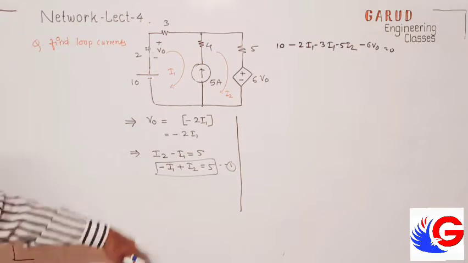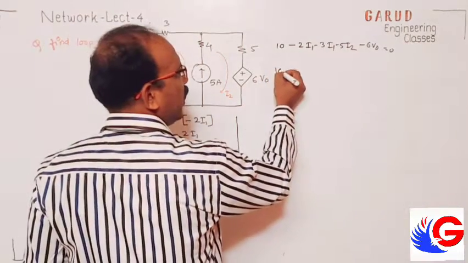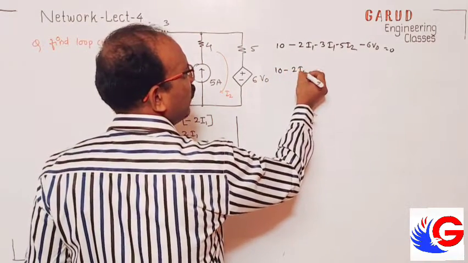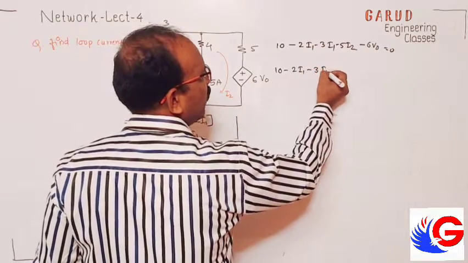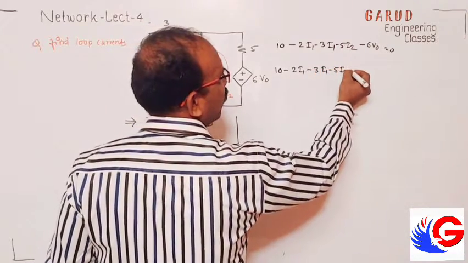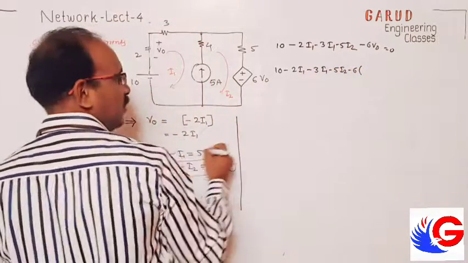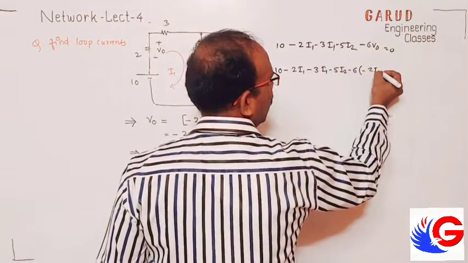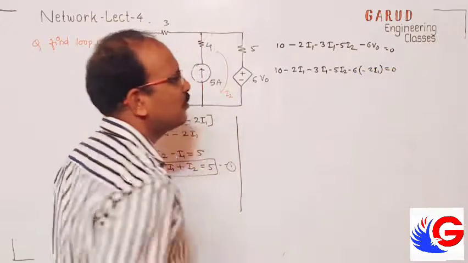Substitute the value of VO: 10 minus 2I1 minus 3I1 minus 5I2 minus 6 times minus 2I1 equals 0.